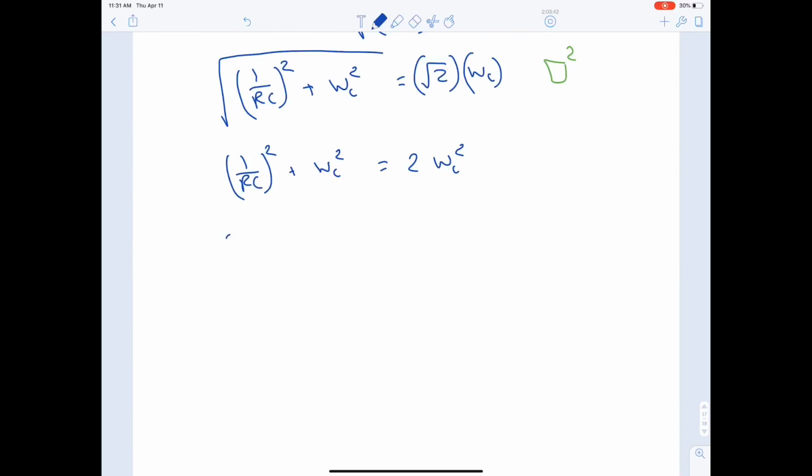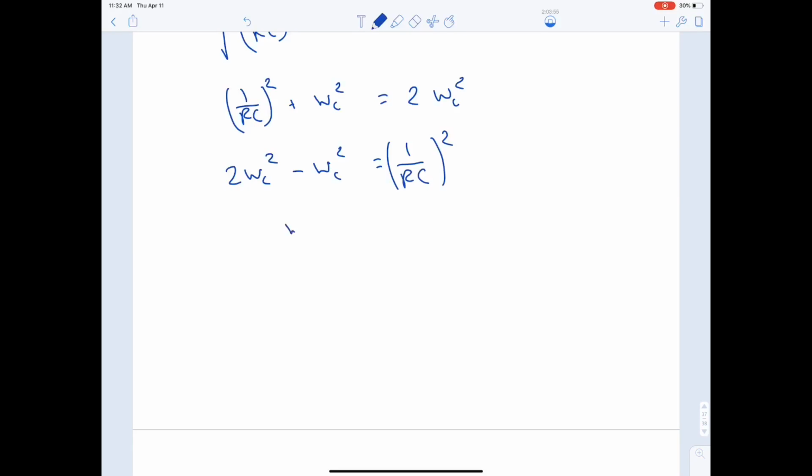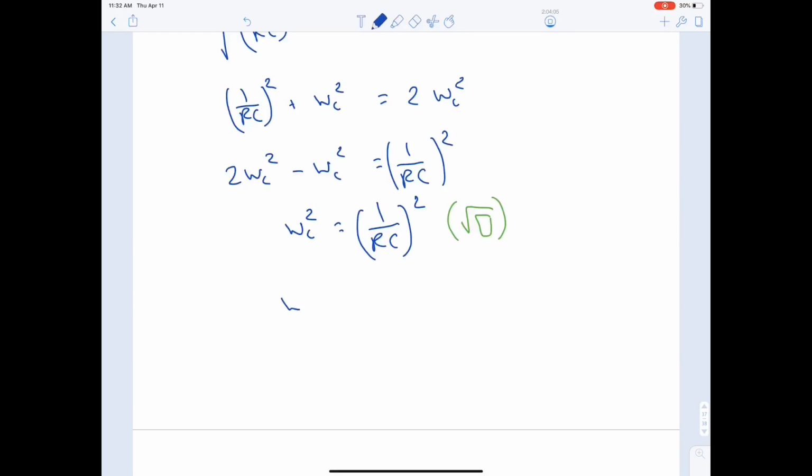Now placing the omega c's on one side and the rest of the expression on the other side will result in the following. Now 2 minus 1 is a single omega c squared. Taking the square root will result in the final answer, which is omega c equals 1 over RC. And this answer is correct.